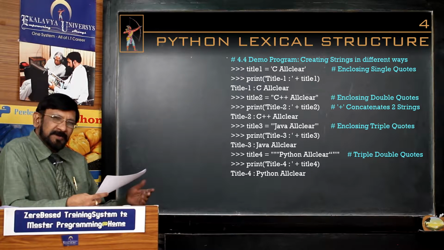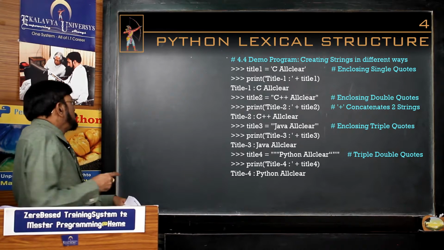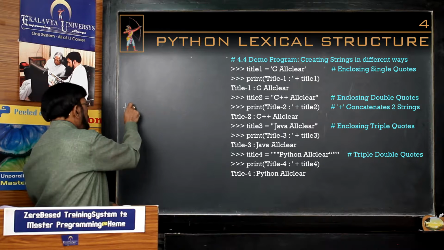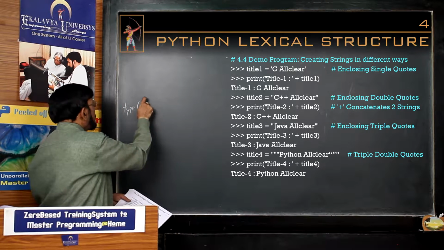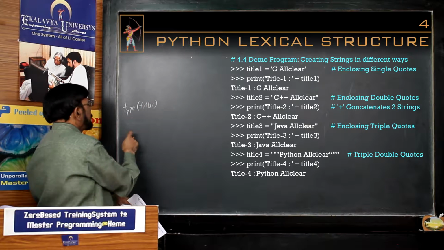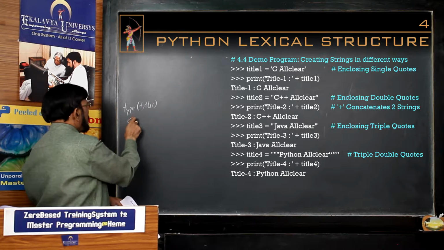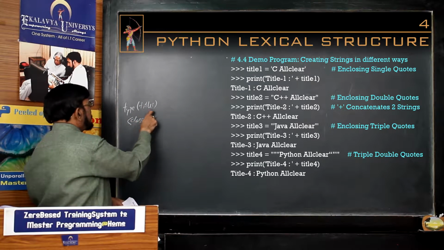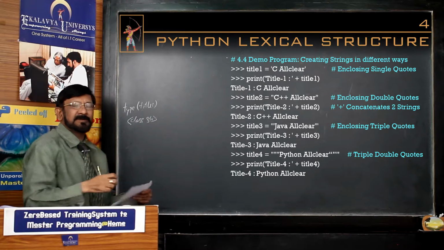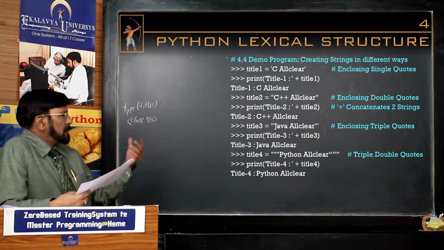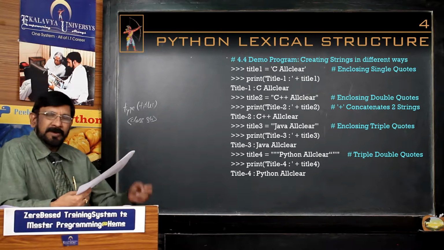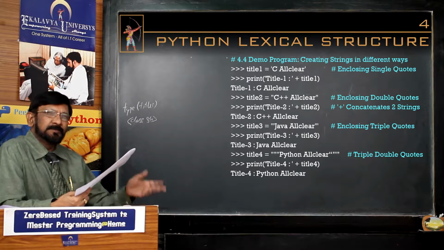If you want to test its type, you can use the type built-in function. There you can write title 1. Then what is printed? Class str. This you test. Being a beginner, whenever you get the output, seeing is believing.